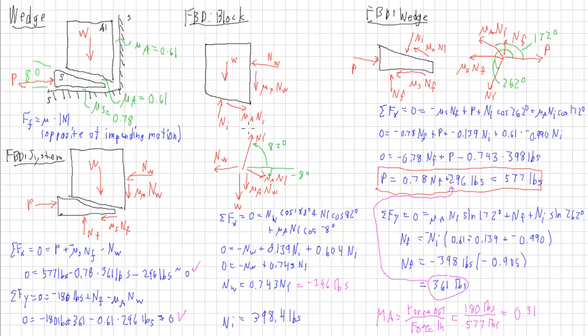We had to create some new forces at the interface, and then we took those forces at the interface and applied them to the wedge, switching signs because we switched free body diagrams for an internal force. Then we did the exact same thing, solved two equations for two unknowns, made sure we kept our angles correct, and eventually substituted back in to find our applied force. And of course, just as important as everything else, we checked our work. Again, I hope this helps.